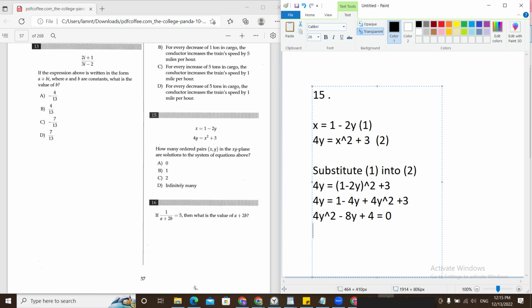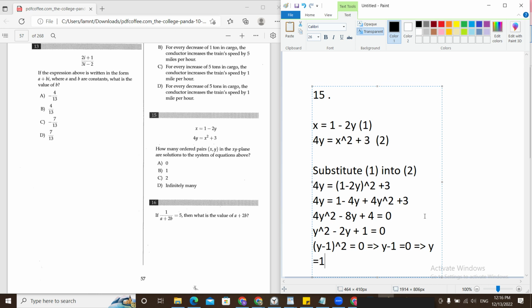So we divide everything by 4. We have y squared minus 2y plus 1 equals 0, and that's just (y minus 1) squared equal to 0, and therefore you can deduce y minus 1 is equal to 0, so y is equal to 1.